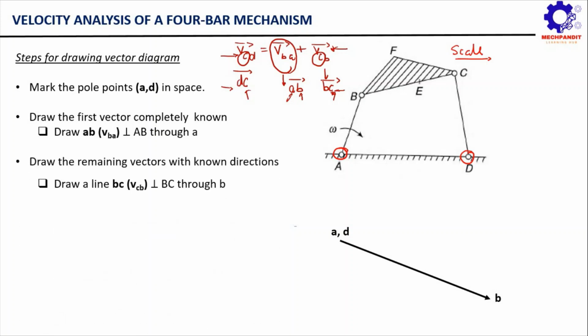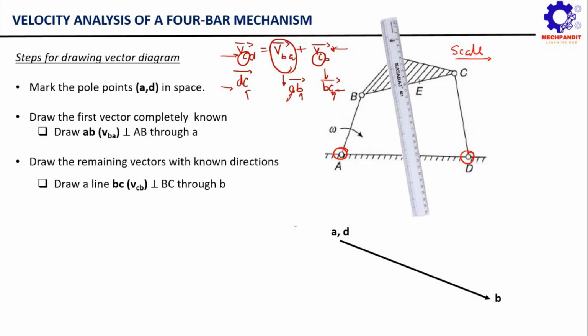So for that, first what we are going to do, we will simply take this point B in the vector diagram. The point B we have already located in the vector diagram. Now through this point B, we are going to simply draw a line which is perpendicular to BC, correct? So again we will take our scale.